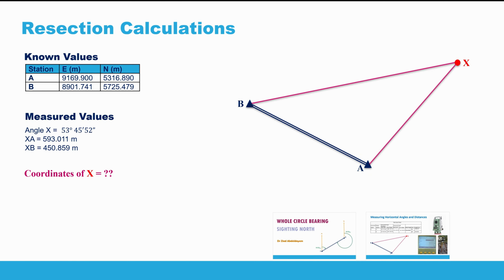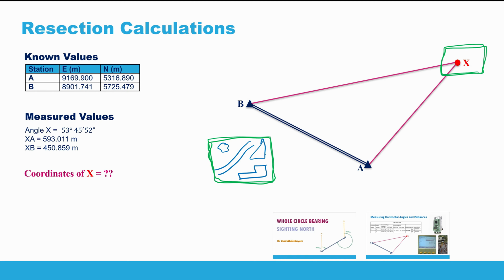So guys, if you are wondering, why do I need a station like this that I know its location and I don't know its coordinates? For example, let's say that you have a project area somewhere here. This is your project area. Let's say it is a big area, and you need to survey this area or to set out buildings or roads, whatever you like to do here. So if you have roads here, buildings, lakes, green spaces, it's a big project, for example, but you don't have any control stations close to this project.